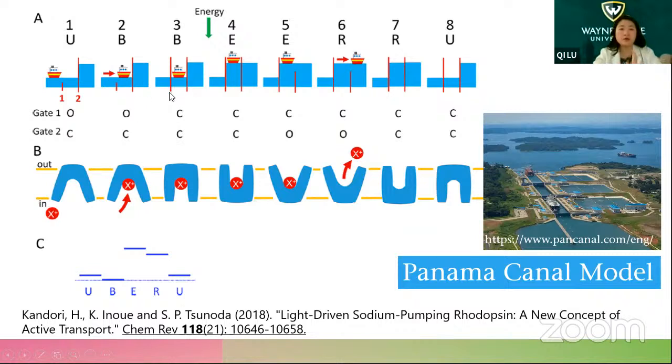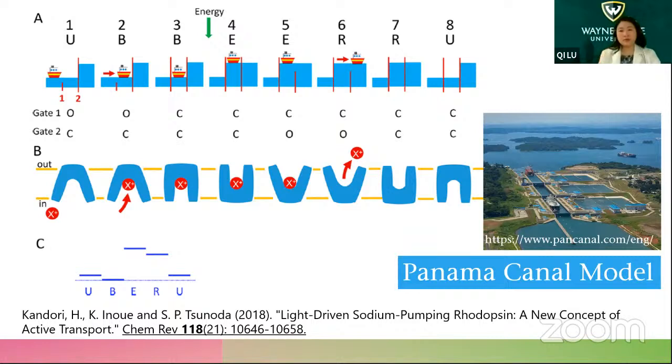Then the first gate closes and water is put into the center part, and the water level increases until it's at the same level as the higher water surface. Then the second gate opens and the ship can go to the higher water surface. This is how the Panama Canal works.